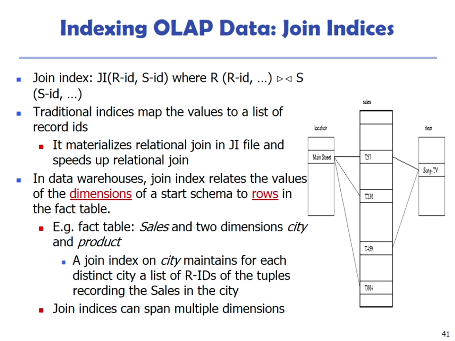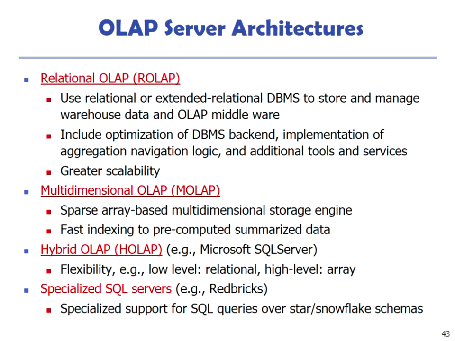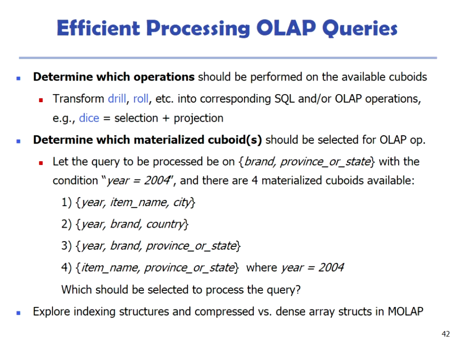After that, we can make join indices, and we can also make efficient processing of OLAP queries. So determine which operations should be performed on the available cuboids, transform drill, roll, etc. into corresponding SQL and OLAP operations.